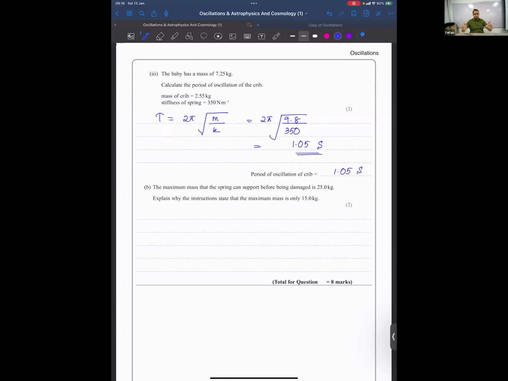Yeah, now this 250 newtons is the load that the spring can take. If you just keep the baby, if you're not going to move the baby and just keep it as it is, then maybe you can go up to 22 kilograms. Okay, but you are going to oscillate the fellow, no? So when the fellow is going up and down, then the force will increase.